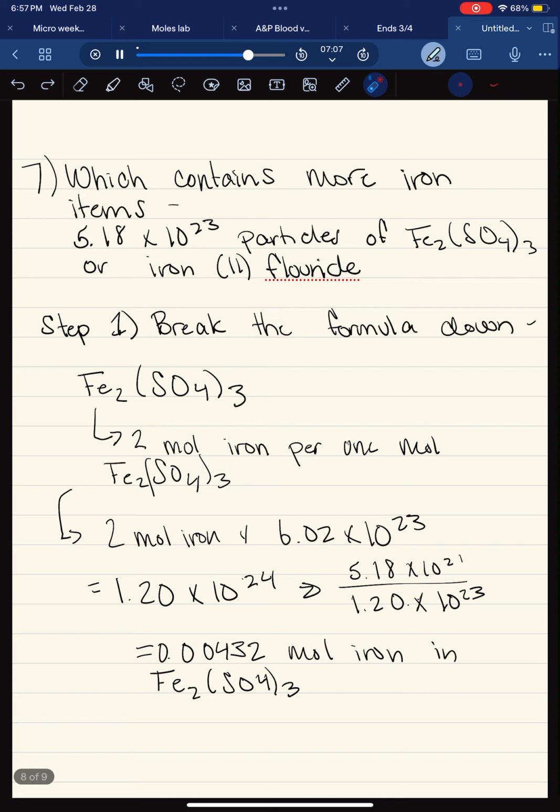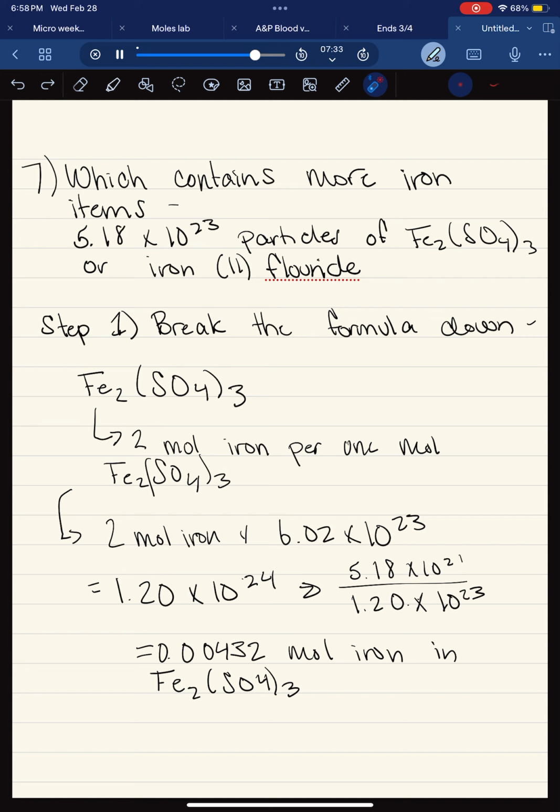Lastly, we are going to figure out which contains more iron between our standard or our scientific notation here of 5.18 times 10 to the 23rd particles of our substance here, and then our iron fluoride. So first we're going to break the formula down.